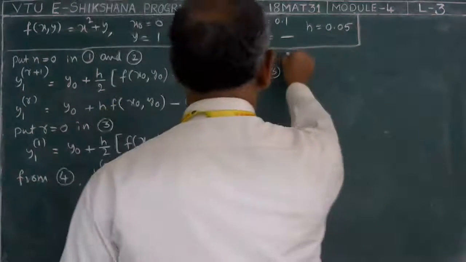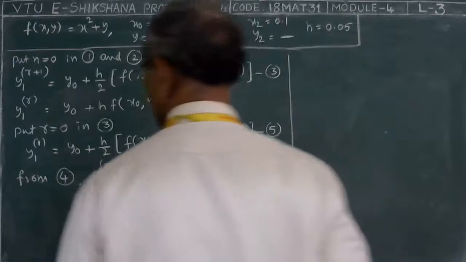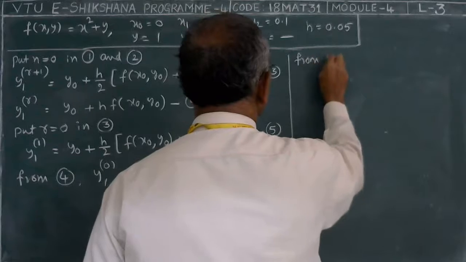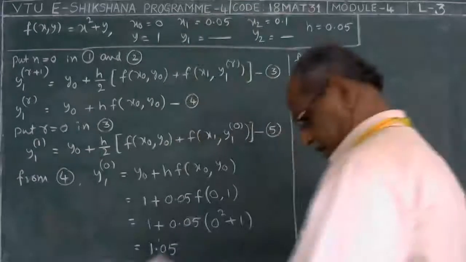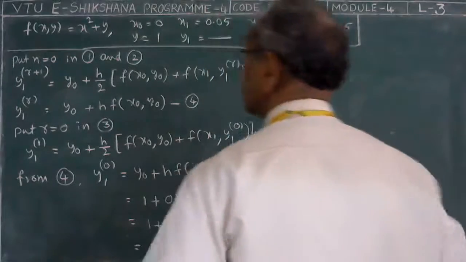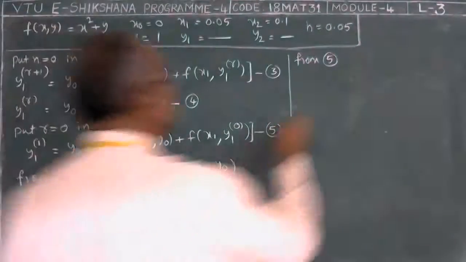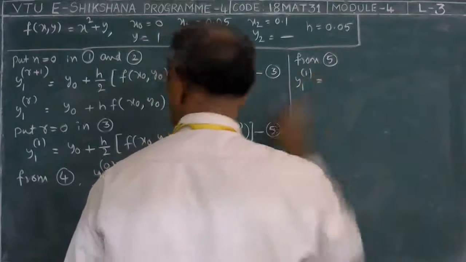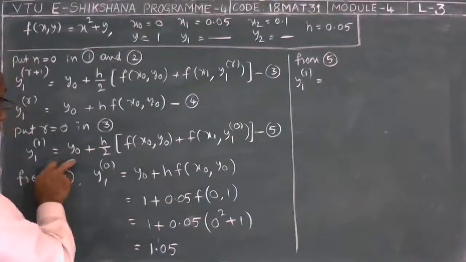Now let me do it here. From equation 5, y1 1 is equal to y naught.